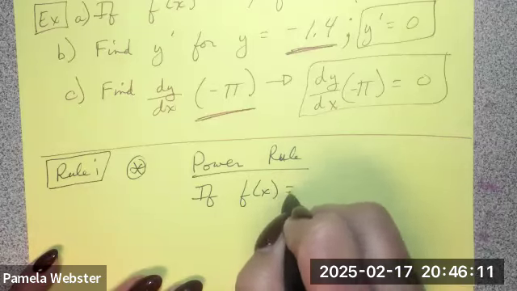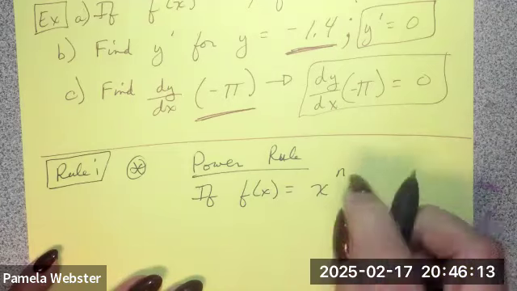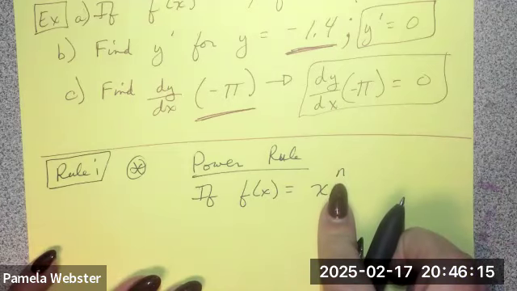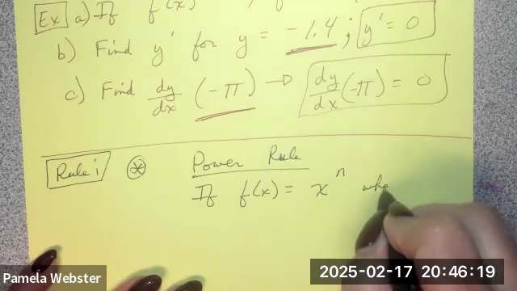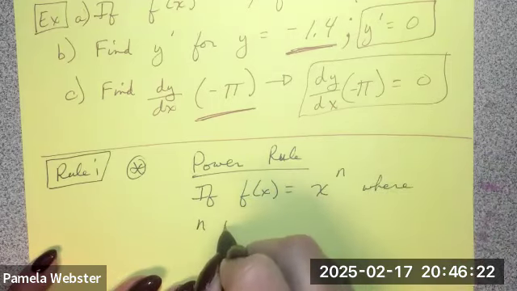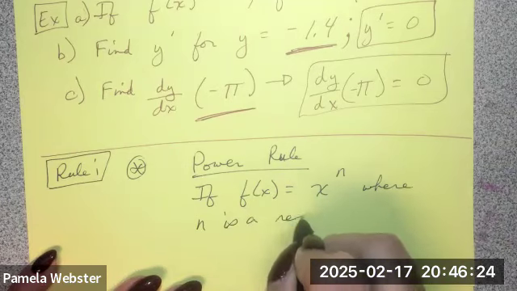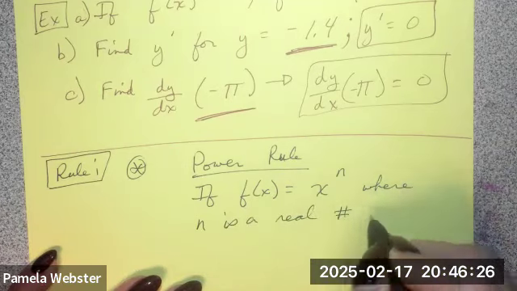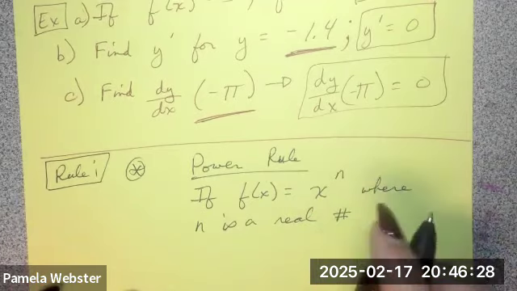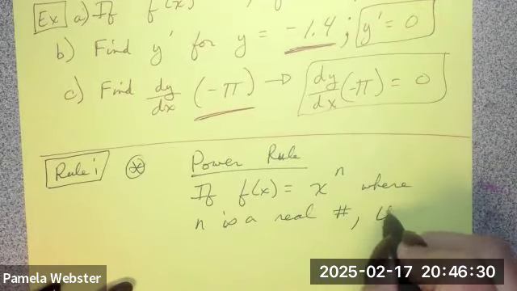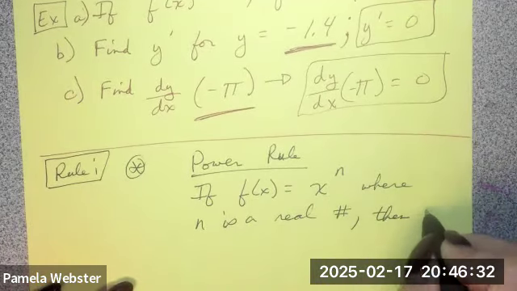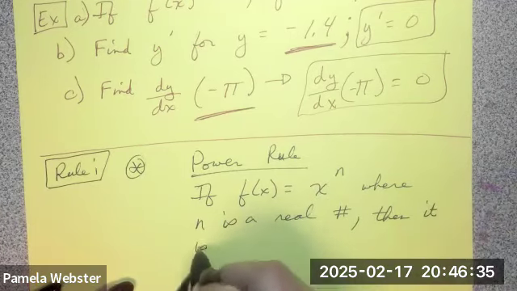If f of x equals x to some exponent, we're calling it n, where n is a number, okay? Technically, n is a real number, okay? So it can't be imaginary, is what we're saying, but it can be any other number. Then it is a power function.